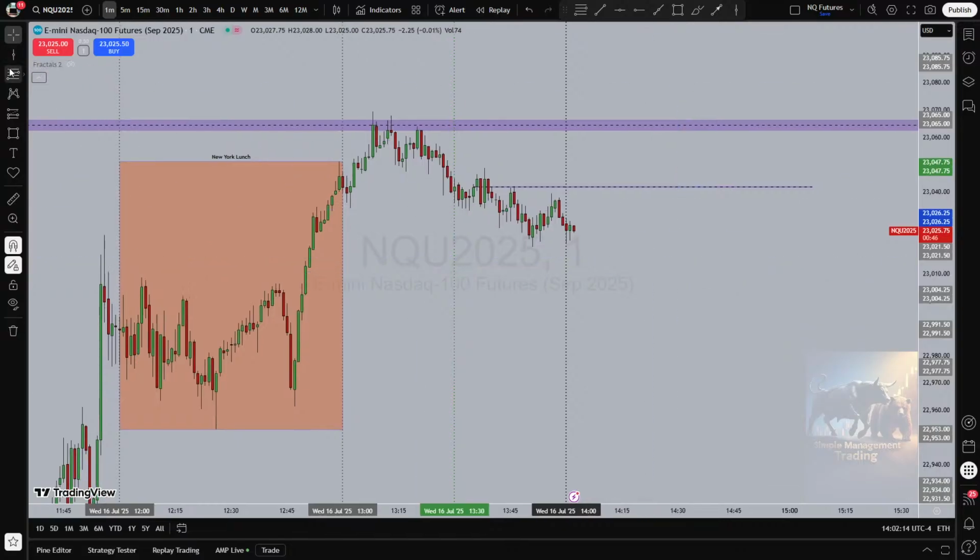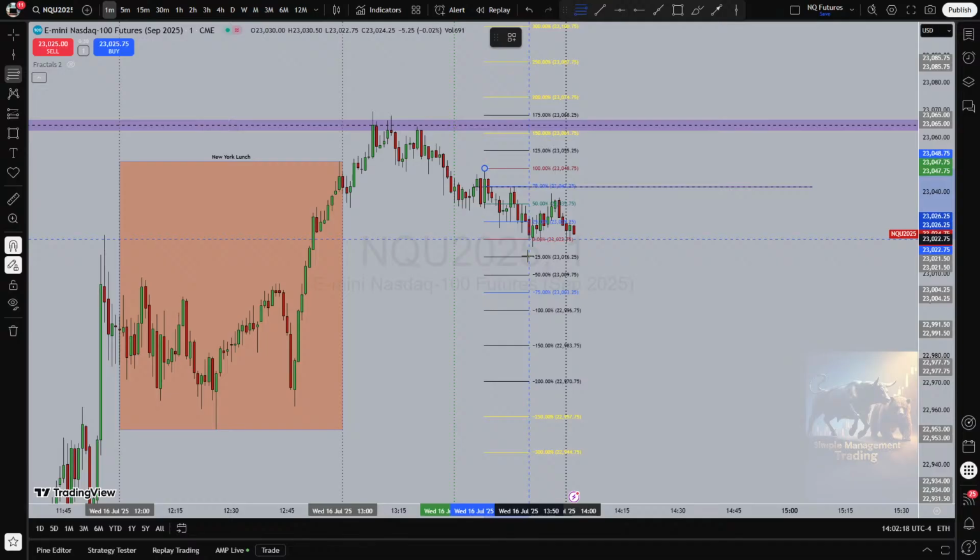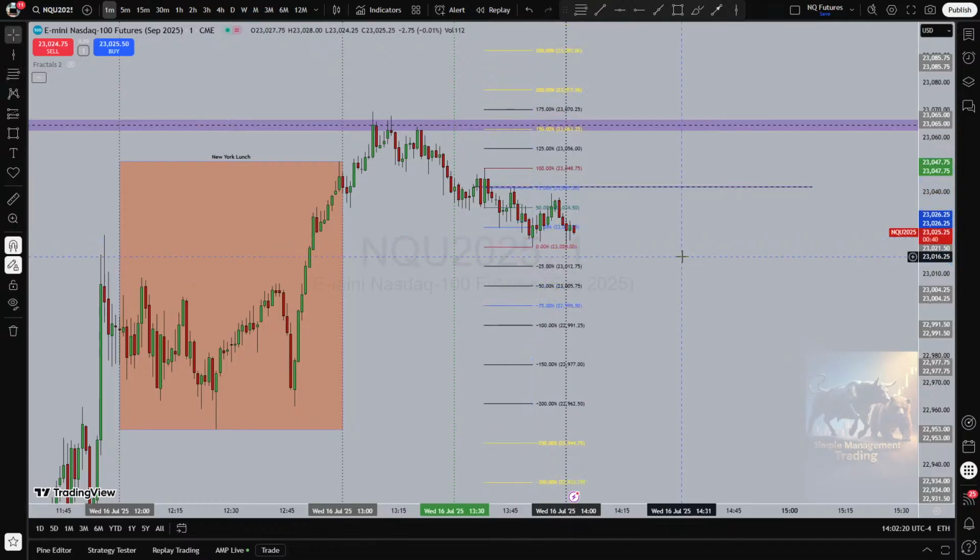Now let's do the ranges, the targets. 2312, 2305, 2291 for the standard deviations for the afternoon session on the downside. Now, if price takes off, then we're going to go for the lunch lows. Remember I said that. Which one lines up to that?